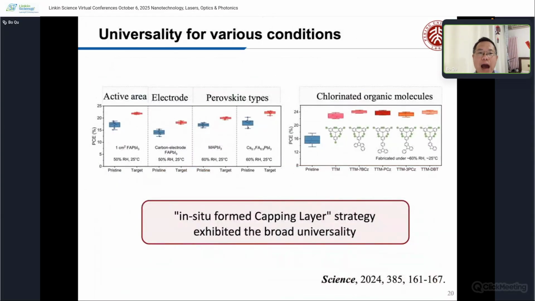Moreover, we also changed the different active areas, electrodes, perovskite types, and chlorinated organic molecules. The experimental data implied that the in situ formed capping layer strategy exhibited broad universality.